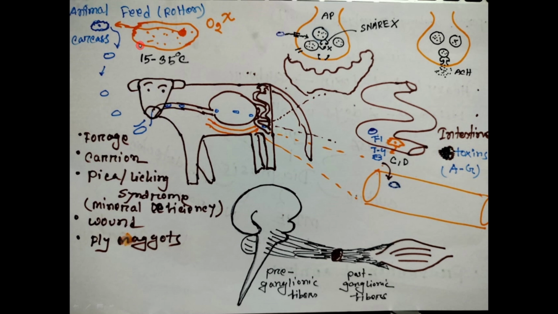These are getting expelled out. As I mentioned, these Clostridium species are commonly found in the soil, and they are also saprophytic bacteria and remain in the spore form. Whenever they have anaerobic conditions, or an ambient temperature like 15 to 35 degrees centigrade, they can produce the toxin.